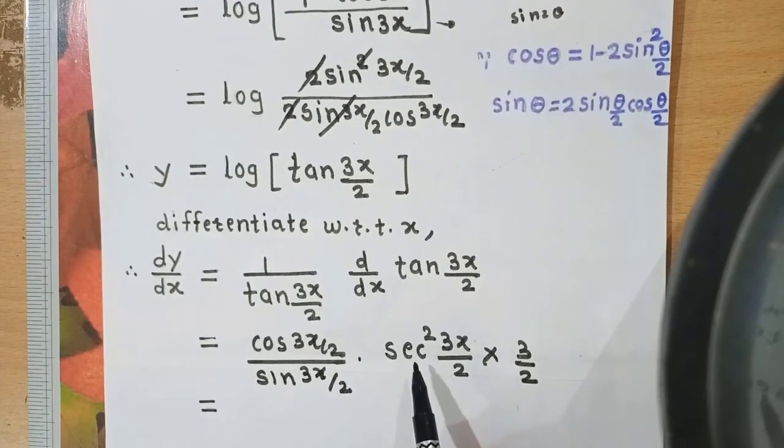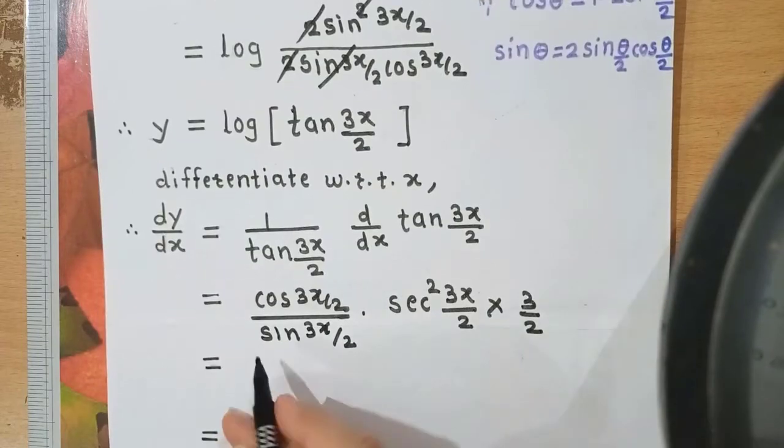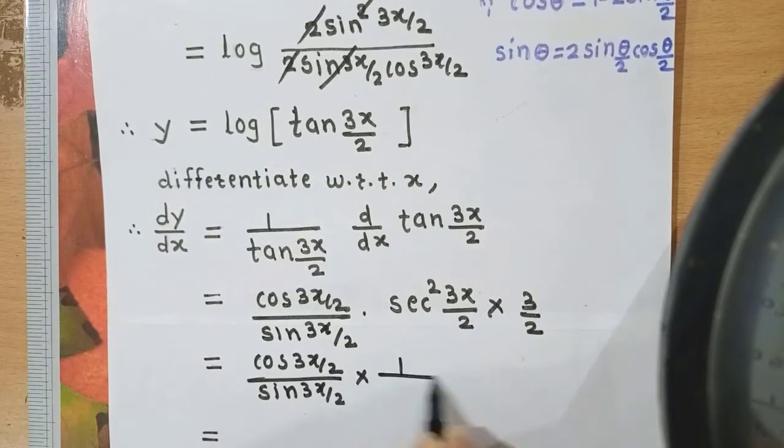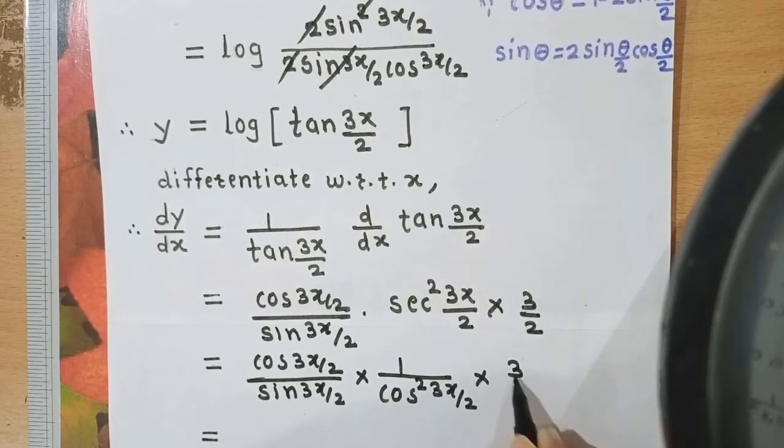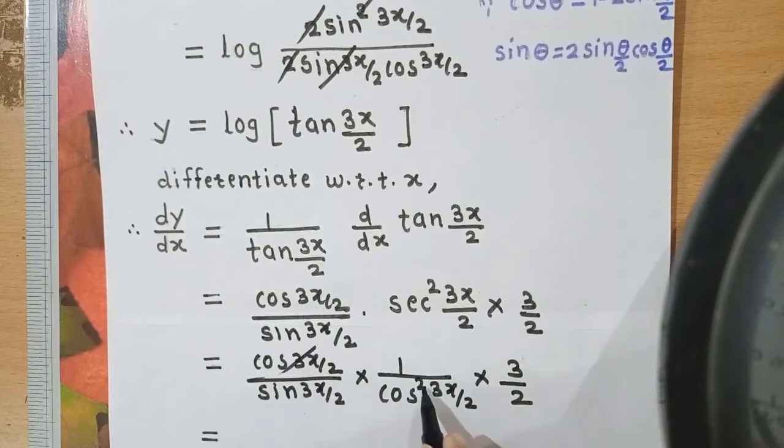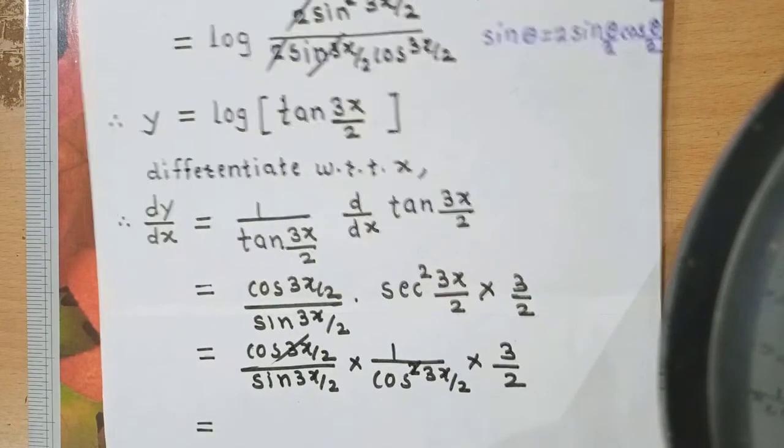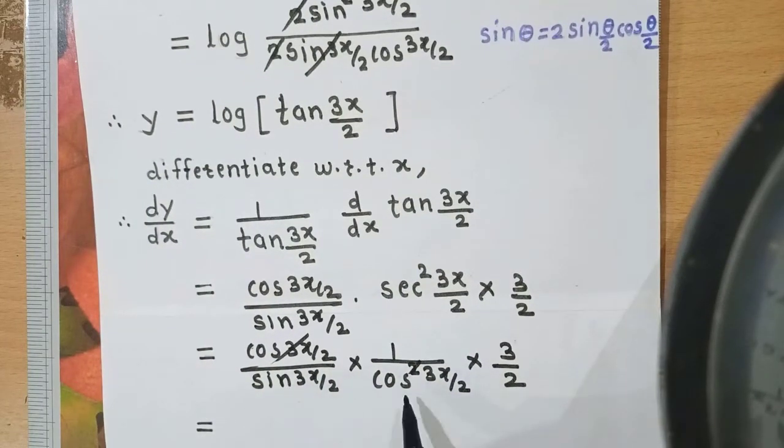Again now sec square means 1 upon cos square. So in the next step 1 upon cos square 3x by 2 into 3 by 2. 1 cos 3x get cancelled. Now 2 into sin theta into cos theta means sin 2 theta.